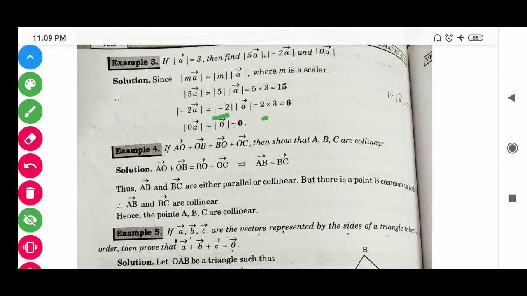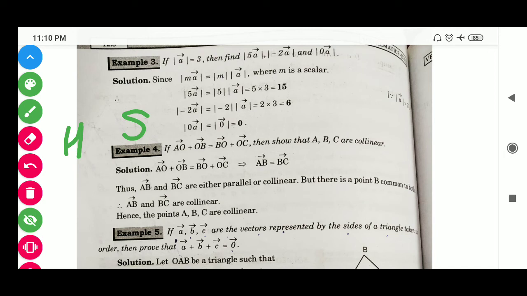Here next we have: if AO plus OB is equal to BO plus OC, then show that these 3 points are collinear. Students, here you can observe A to O plus O to B. That means if you are going to school, your home is the initial point and school is the terminal point, and after going to school, from school you are going somewhere else.